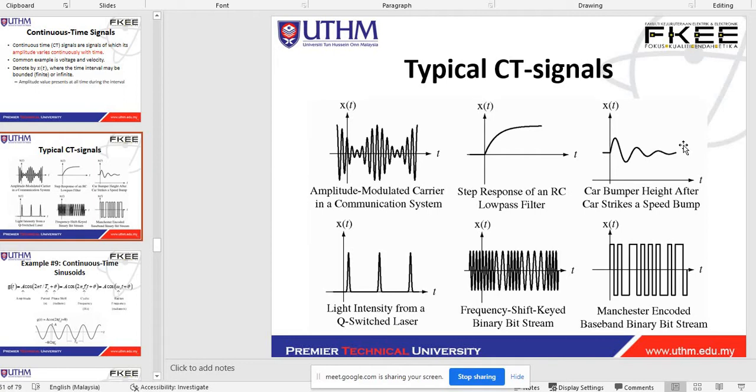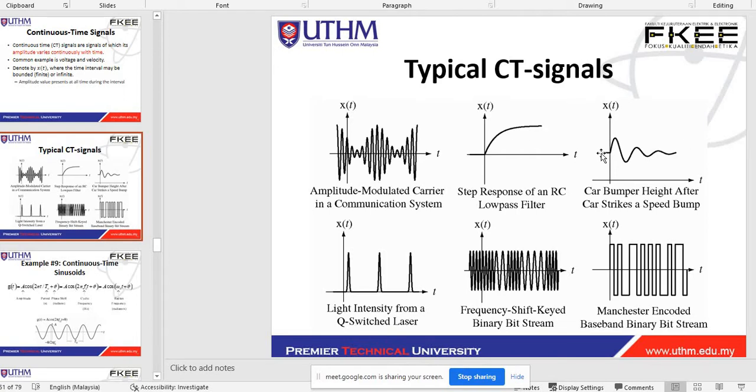Let's say you pass through a bumper, but this bumper is newly made, which doesn't have the yellow strip line, so you don't know that there is a bumper there. So you just drive quite fast and you pass through the bumper.